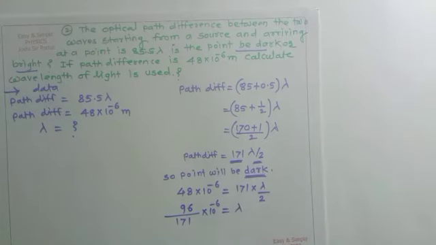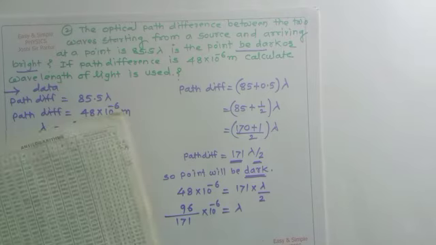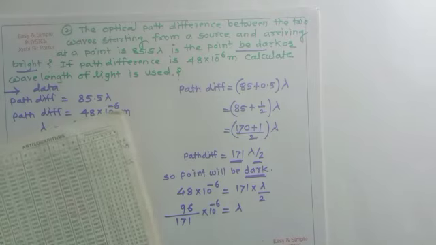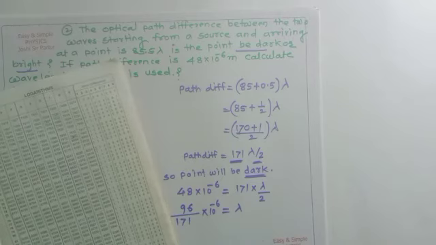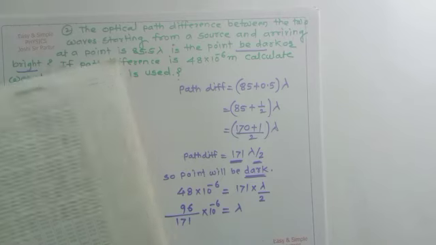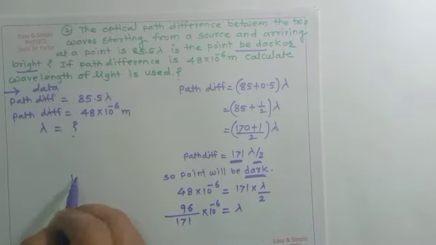By using the logarithmic table, the log of 96 will be 9823. Its characteristic will be 1 point, and the characteristic of 171 will be 2 point.